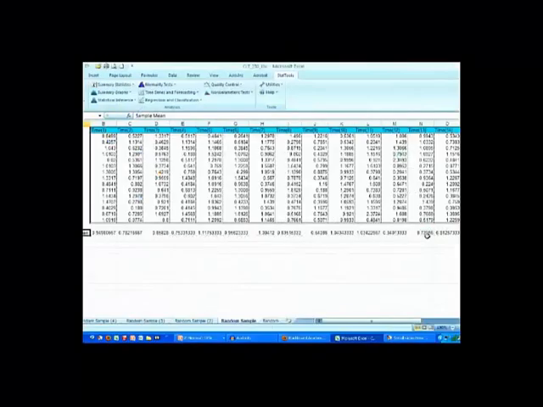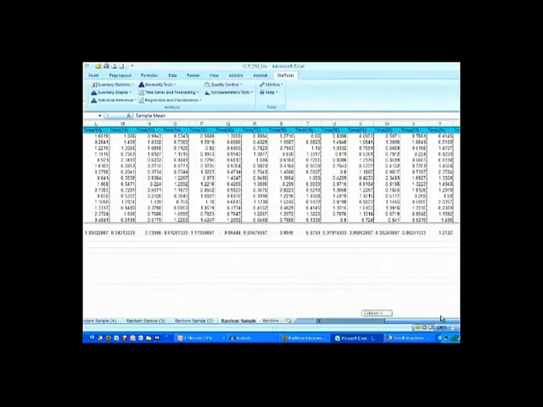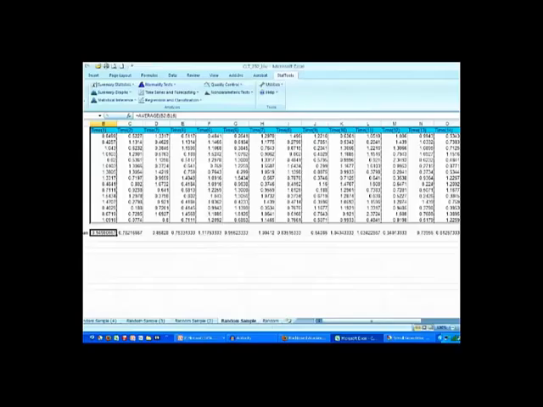So I've taken our 25 samples that we just generated, and I've generated the sample mean for each of my 25 samples. And it's really these values of sample means that are going to make up the distribution.